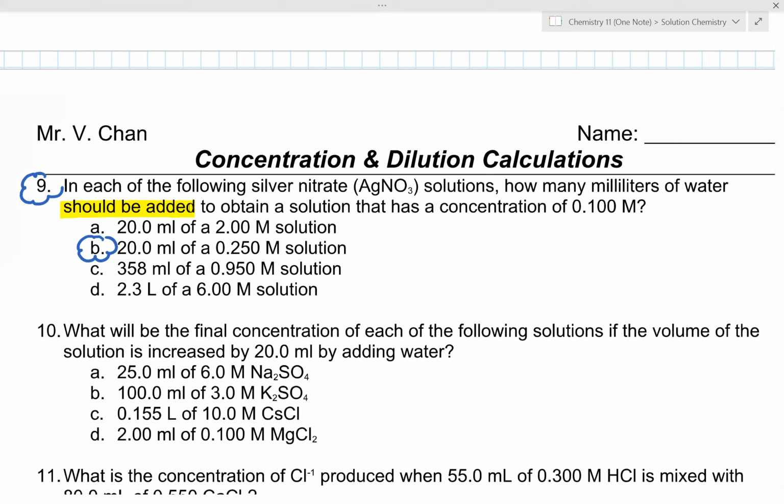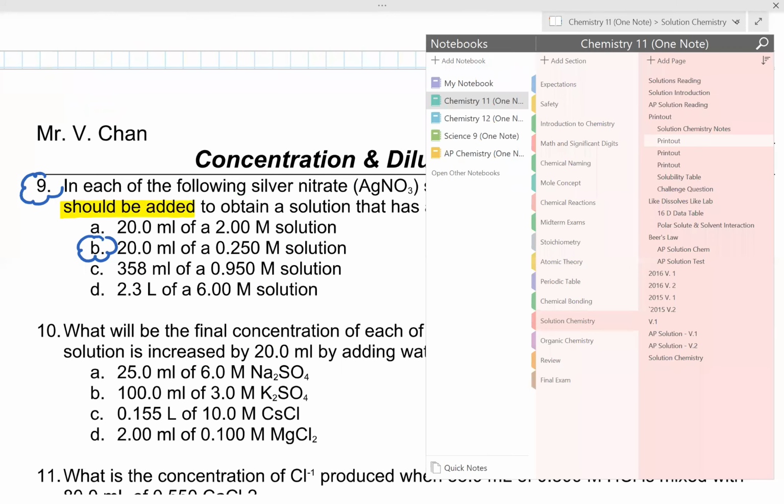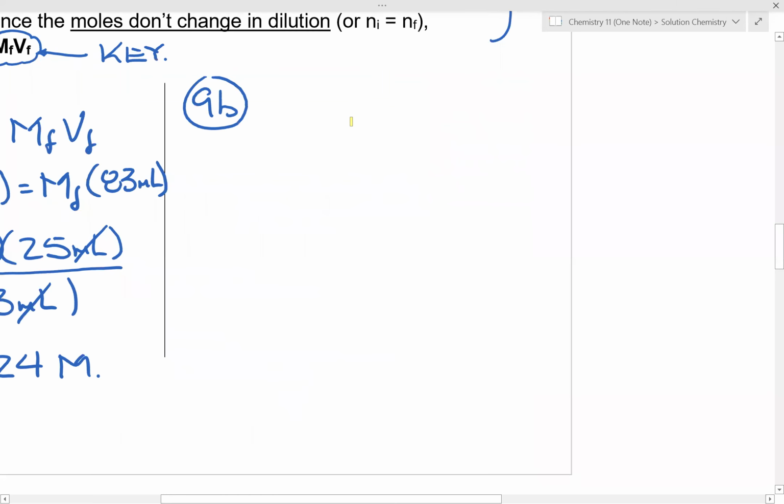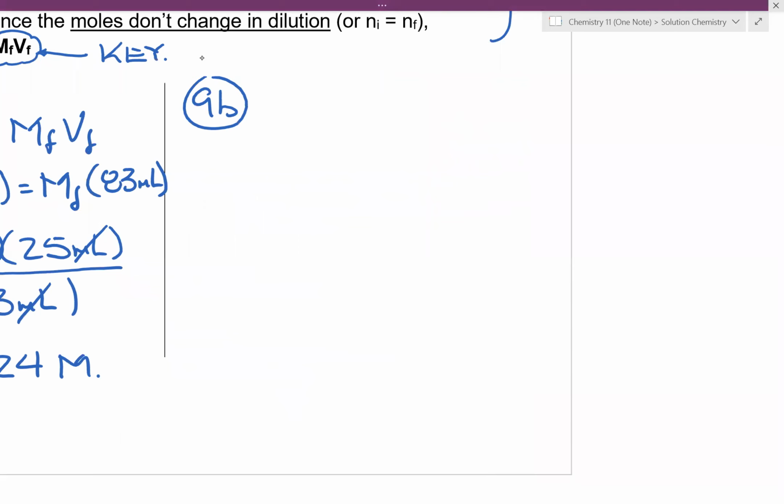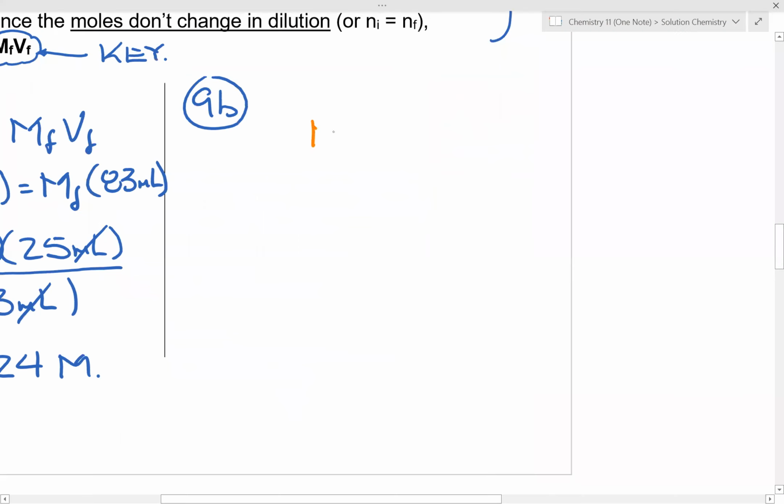Now, when you take a look at this, you still start off with MiVi equals MfVf, because what you're doing is you're starting off with a solution and you are adding water to it. So in this particular case, we start the same. I'm just going to do it in a different color.